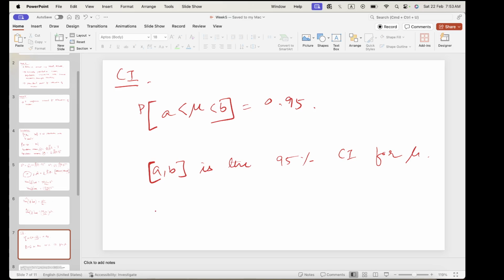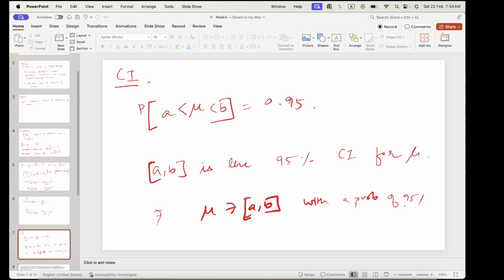What I am essentially saying is that mu is contained in this interval with a probability of 95%.